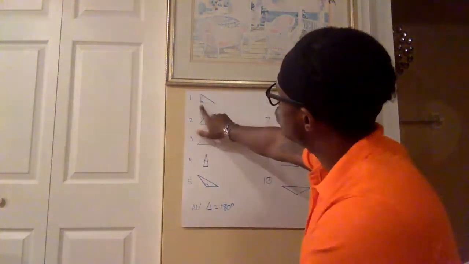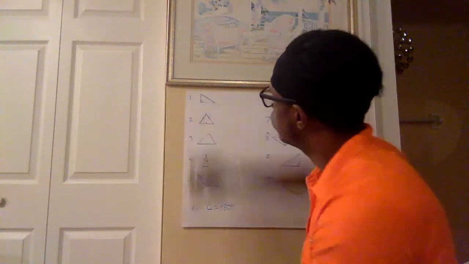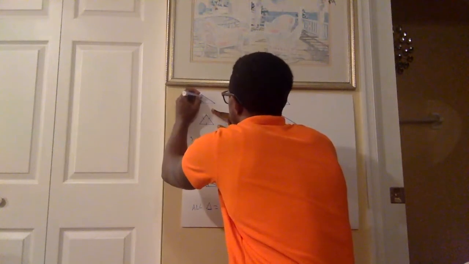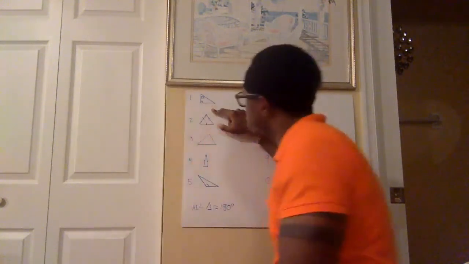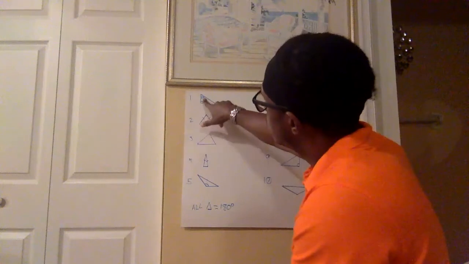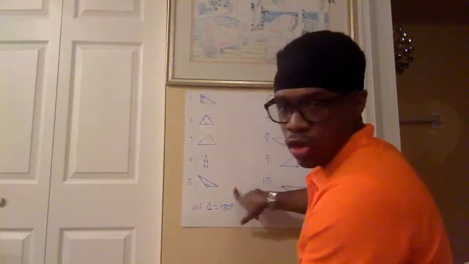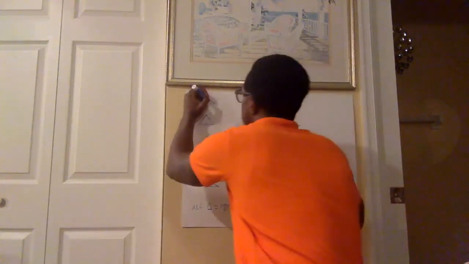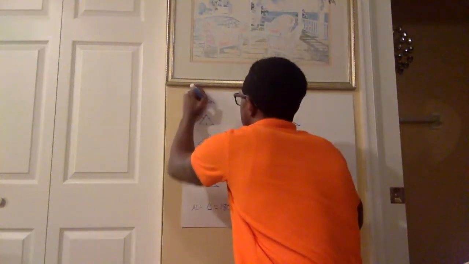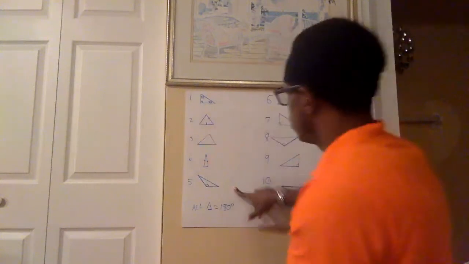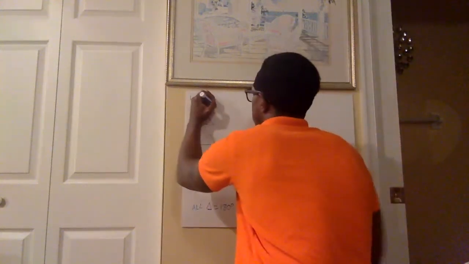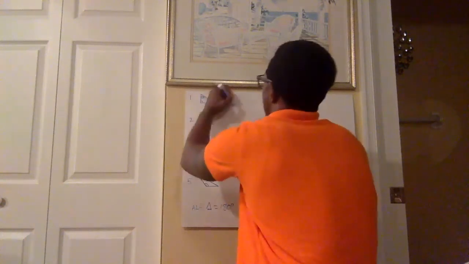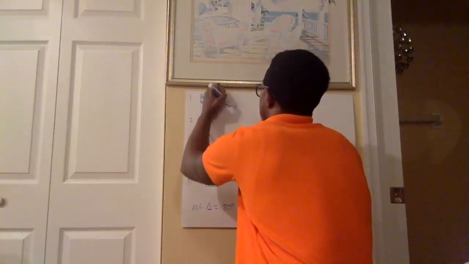So this triangle right here, this is 90 degrees. If I say this is 60 degrees, up here, I know that this is 90, this is 60. All triangles equal 180. So we know that this has to be 30 because that would be 90 plus 60 plus 30.